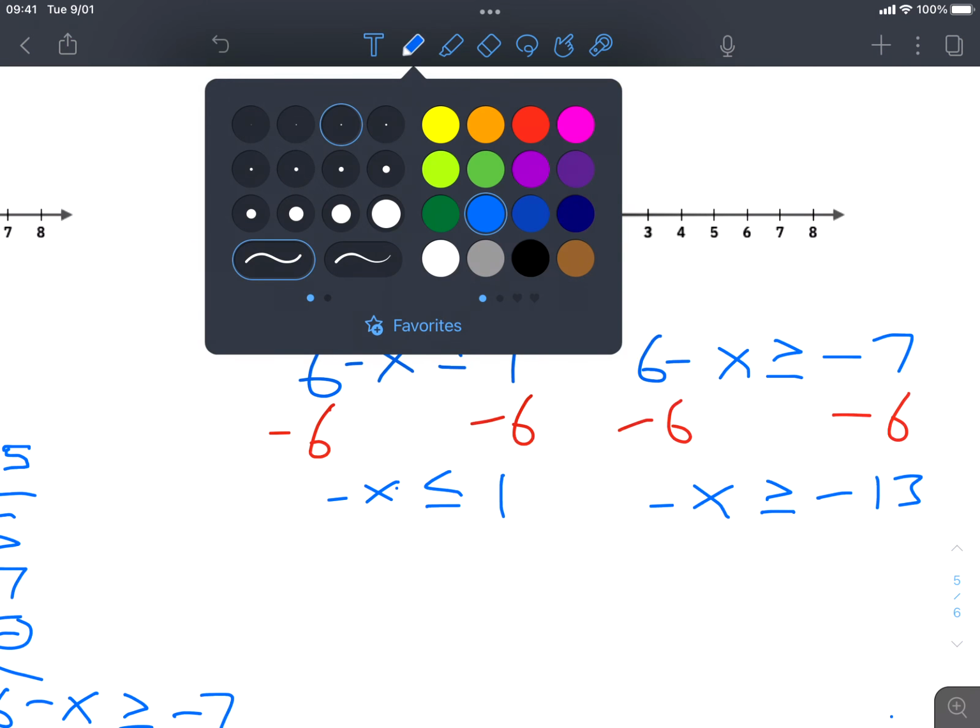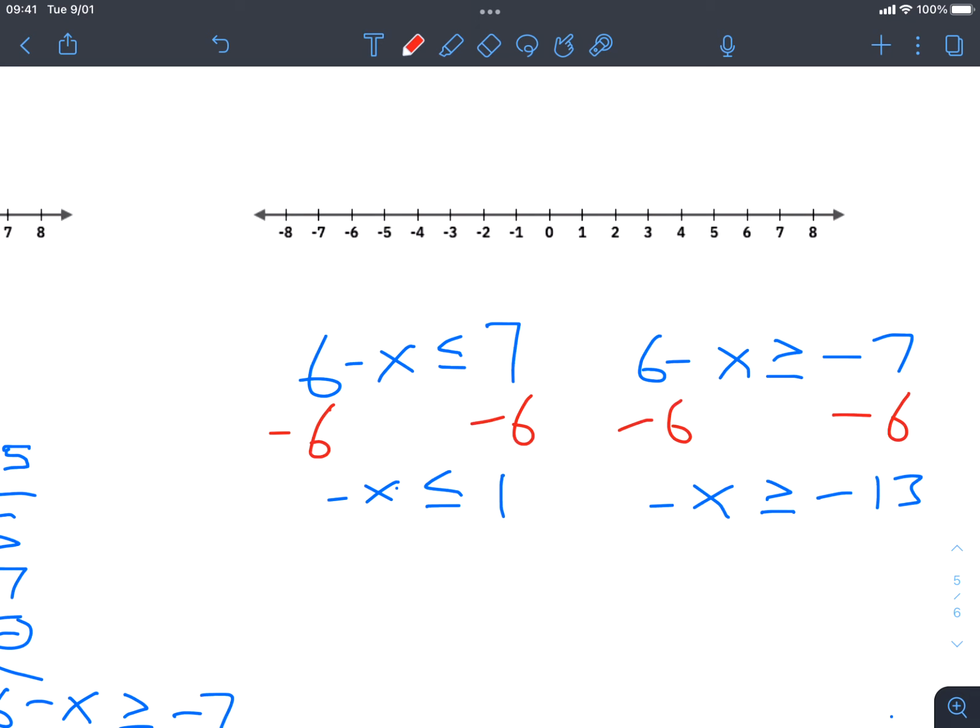Well, I want to know what x is, not what negative x is. So in order for me to get my x by itself, or to make my x positive, I can either multiply or divide by a negative number. In this case, negative 1. So I'm going to divide by negative 1 to make my x positive.